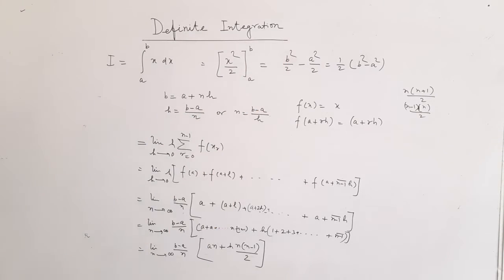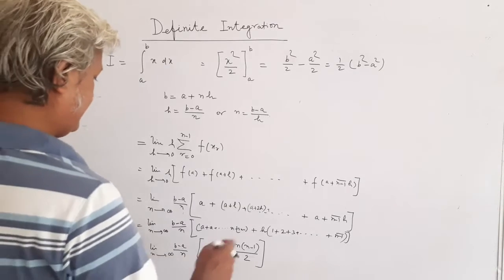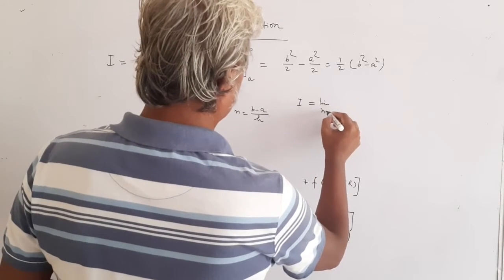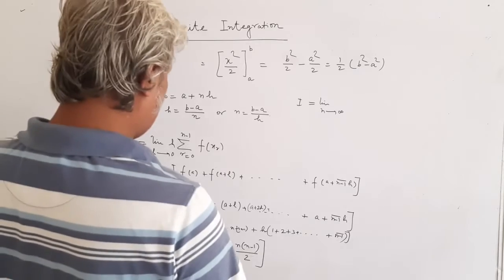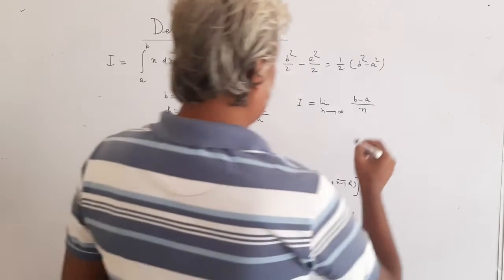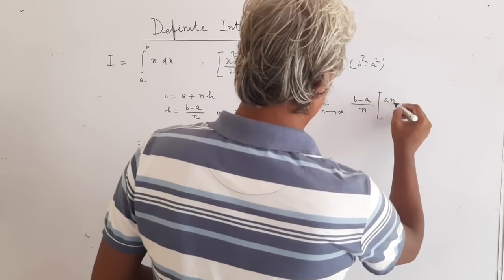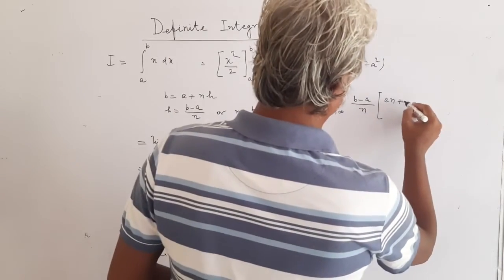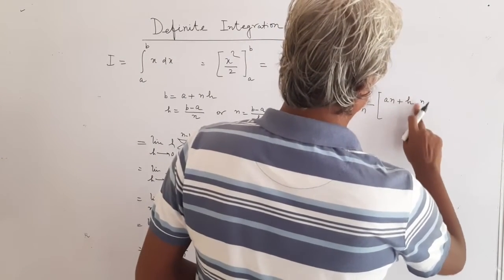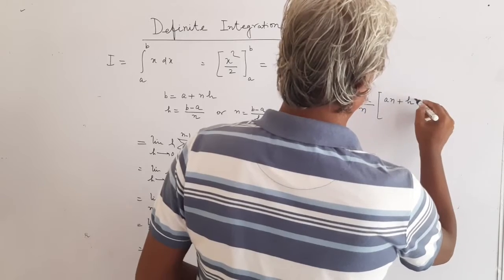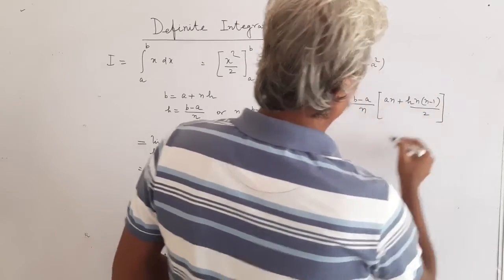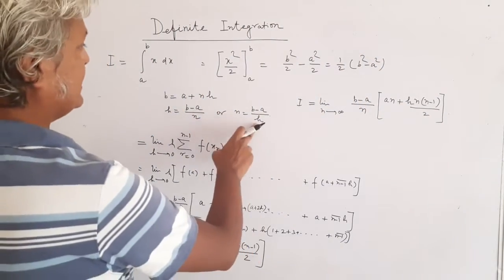Now I'll clear this part of the screen because I need to go there. Now here I'm getting the limit n tends to infinity of b minus a over n, and this is na plus h n into n minus 1 over 2. Okay, now you see here what is nh?